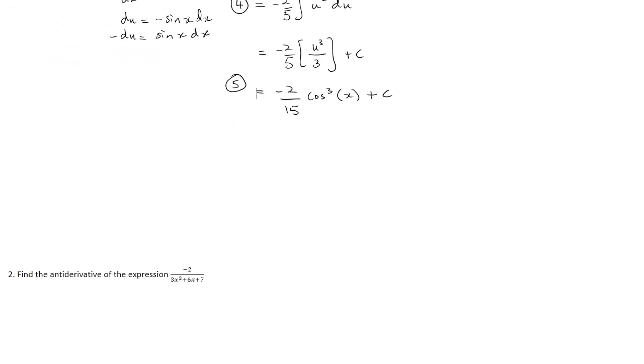Okay, so let's have a look at the next example. Question 2 says, find the antiderivative of the expression. So once again, I'm going to take out the minus 2 and put it on the outside, and I'm actually going to take out a 3 from the denominator there.